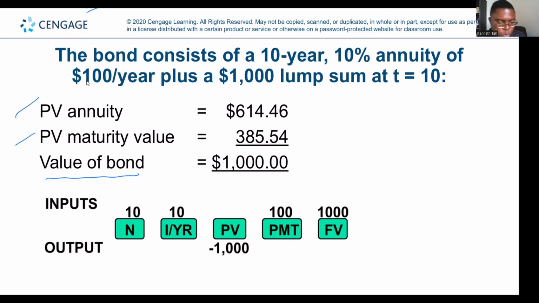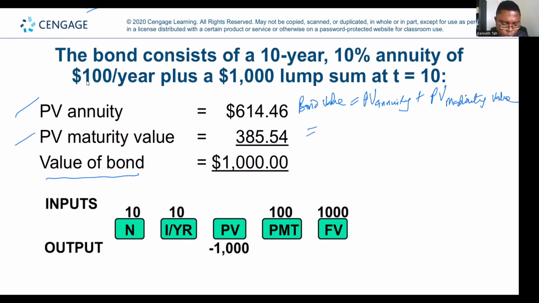We can do this using the formula, or we can use the financial calculator in computing this problem. So bond value is equivalent to the present value of an annuity plus the present value of a lump sum, or what we call the maturity value.